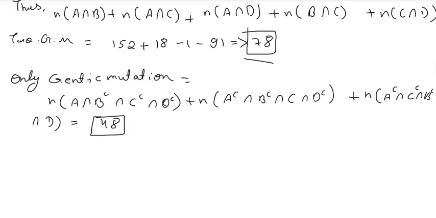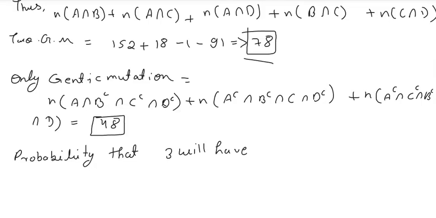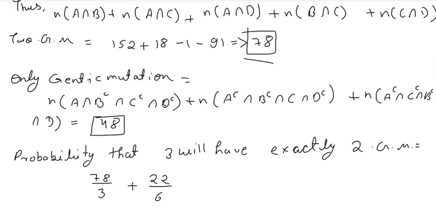Now the probability that 3 will have exactly 2 genetic mutation is 78 upon 3 plus 22 upon 6, or we can say divide by 6 whole divisible by 100 upon 9.